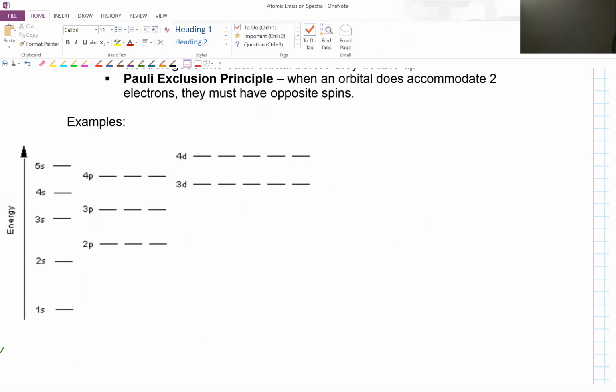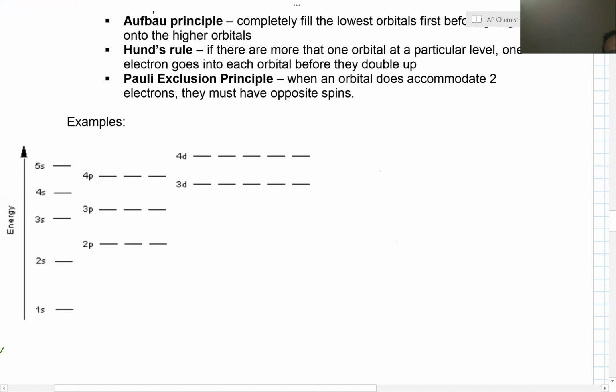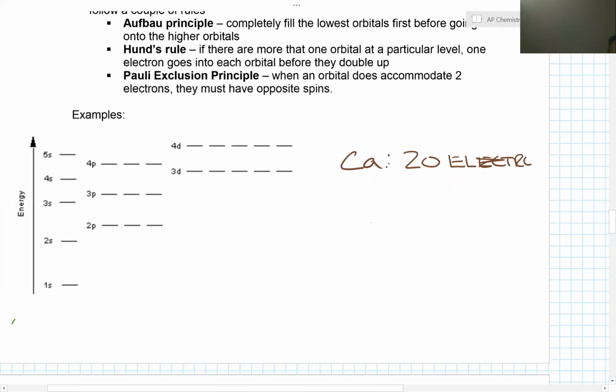Okay? So let's say, for example, we had calcium. Calcium has 20 electrons. So if we start from this orbital diagram, I've given you this guideline to help you start out.